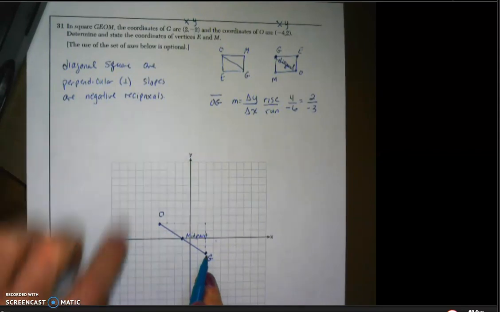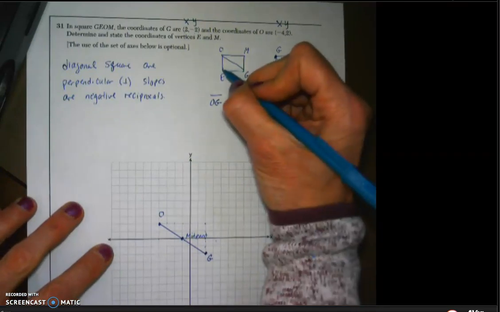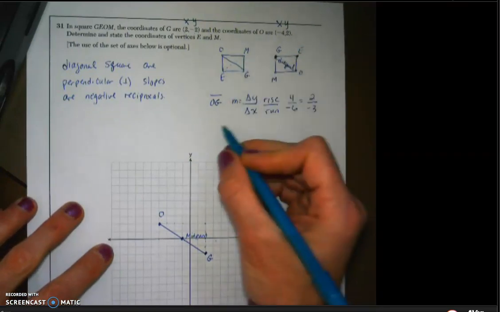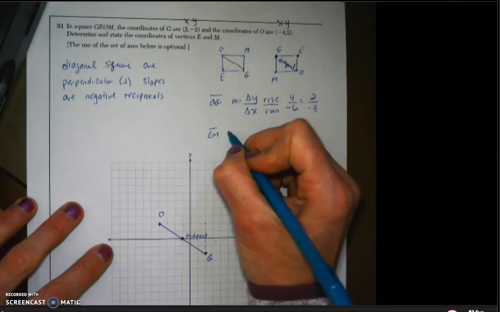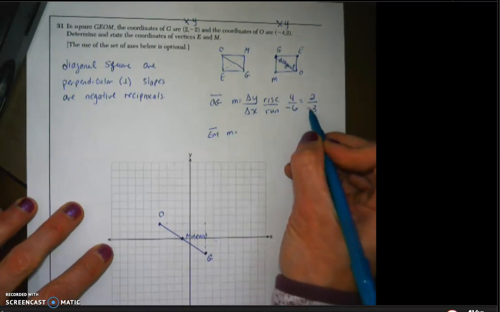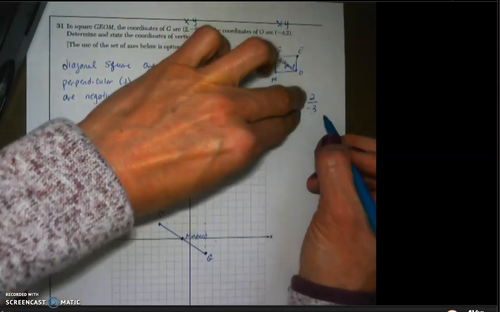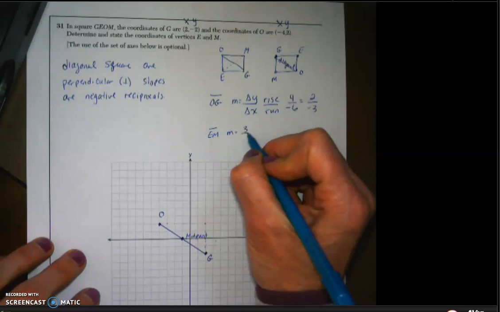In order to find the other diagonal, remember the diagonal EM is going to have the negative reciprocal slope. The negative reciprocal slope from -2/3 is going to be, instead of negative, positive, and then we flip the fraction, 3/2.